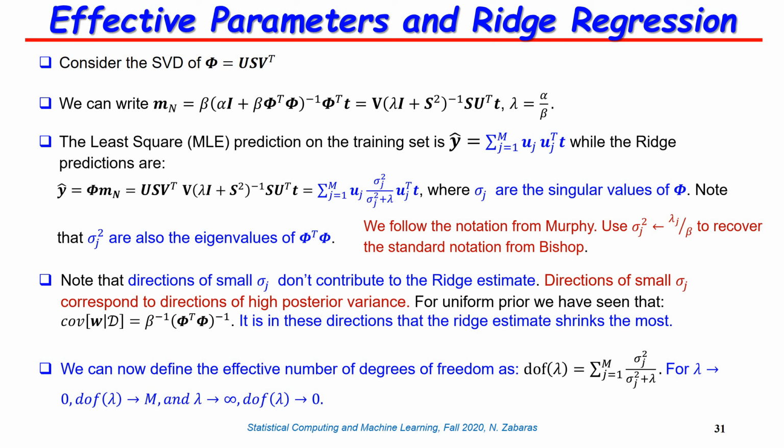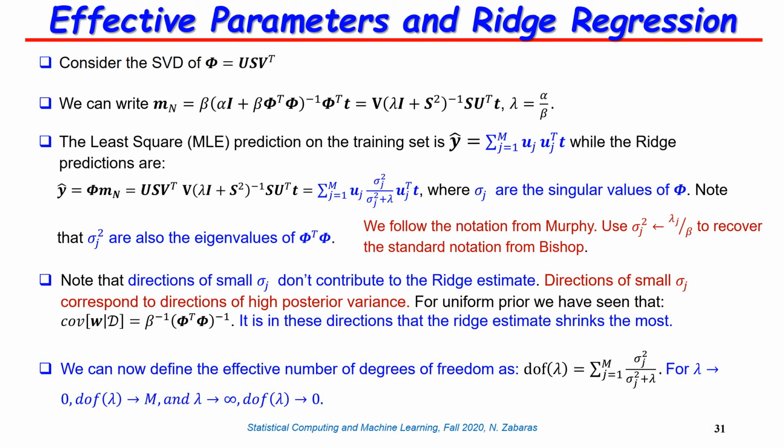Effectively, the parameters wj in those directions are 0, because the coefficients of my solution in the directions j where sigma j is very small are literally 0. So the estimate for the parameters w in those directions is equal to 0.